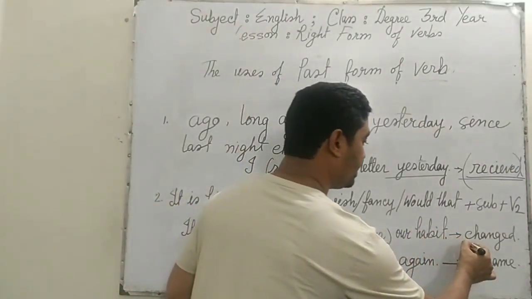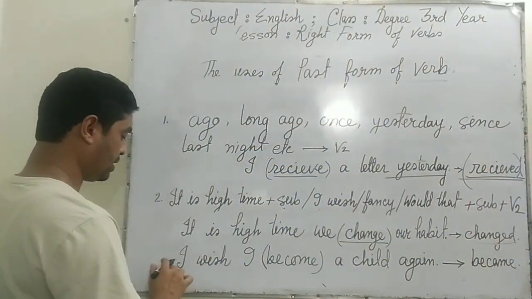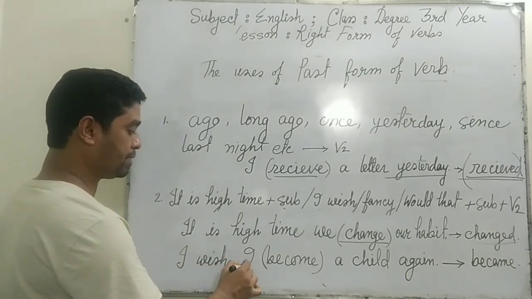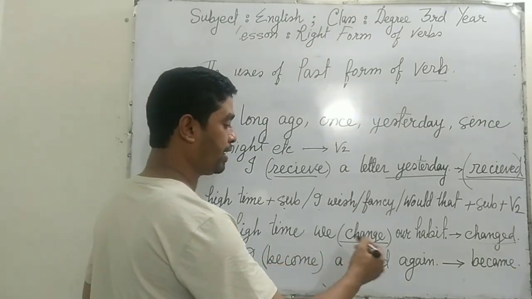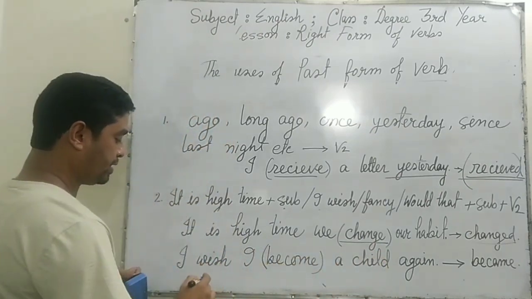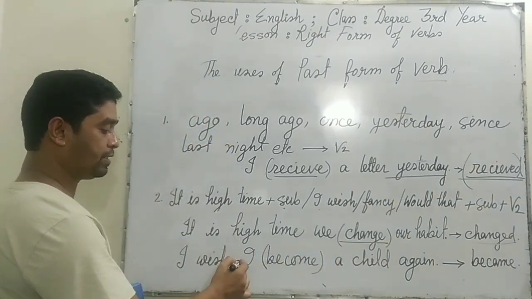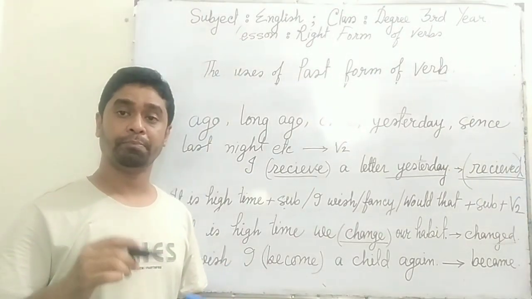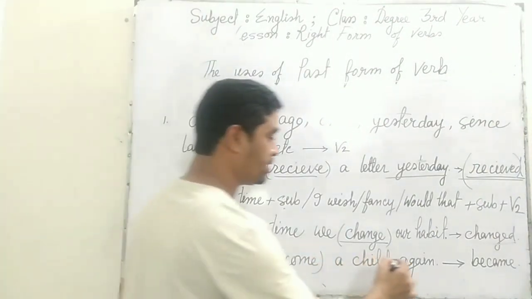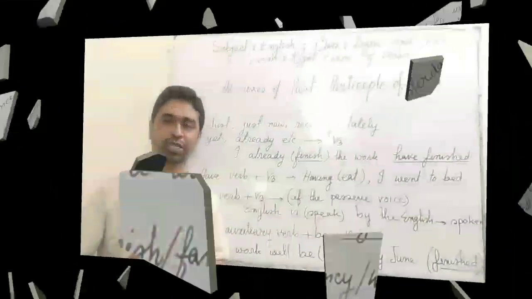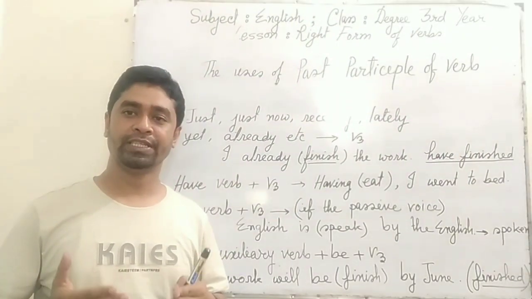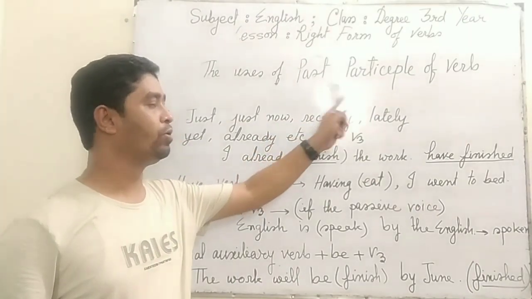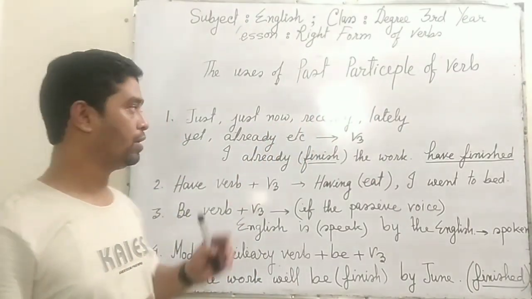The answer will be changed. The second example, I wish plus subject become a child again. In this sentence we find I wish plus subject, that means the verb will be in past form. The answer will be became. My students, now I will discuss the uses of past participle of verb.